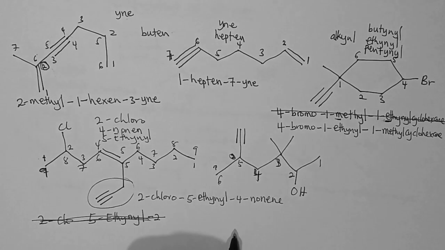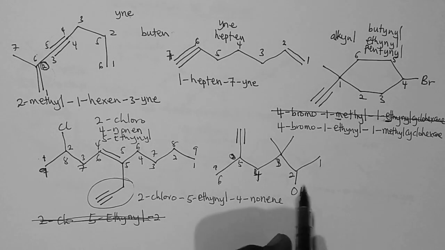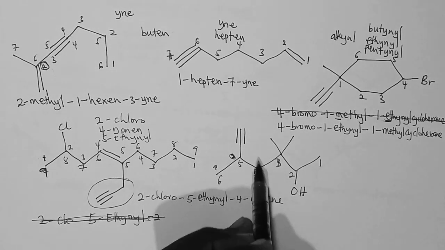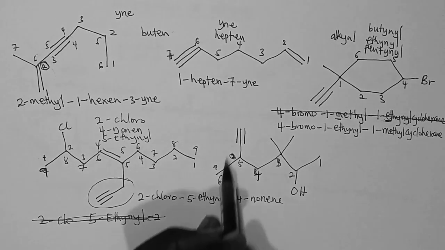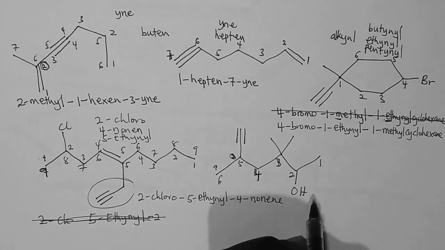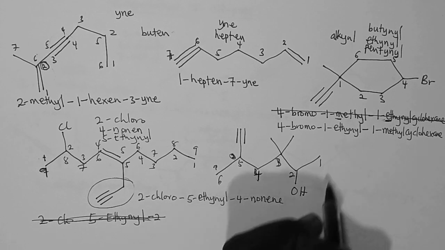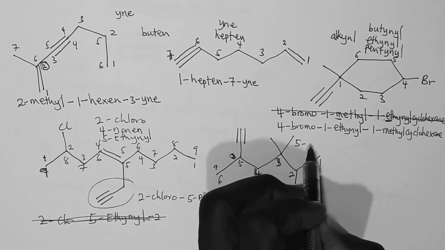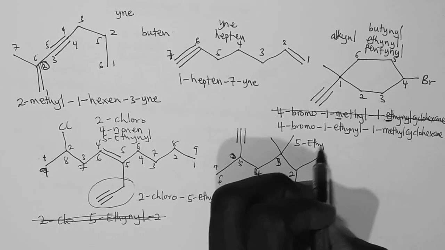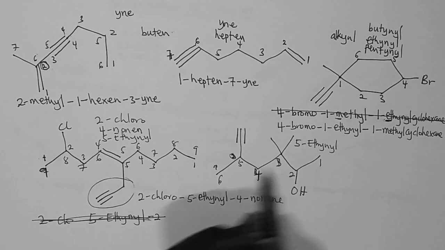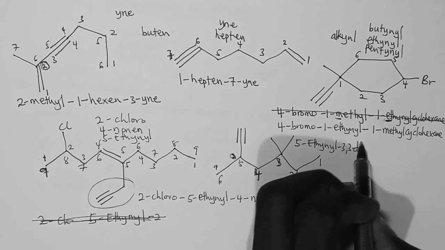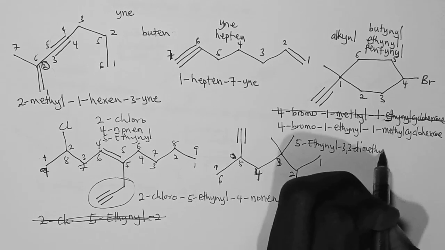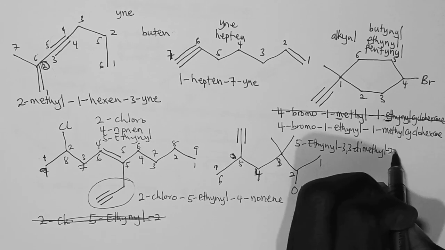So we are talking about a hexanol, but it's on carbon number 2. Then we have 3,3-dimethyl, and then we have an ethynyl on carbon number 5. So the name becomes 5-ethynyl, and then 3,3-dimethyl, then 2-hexanol.